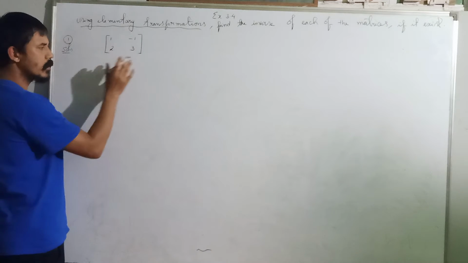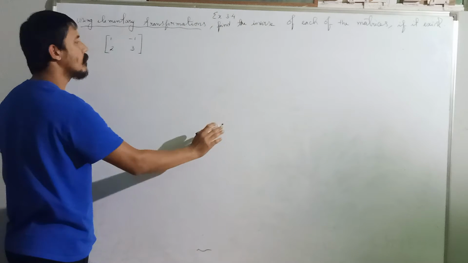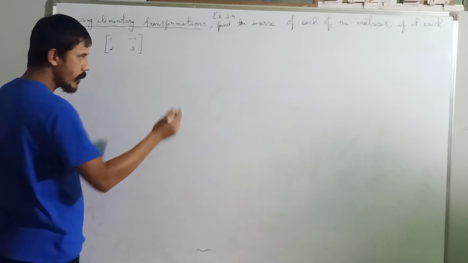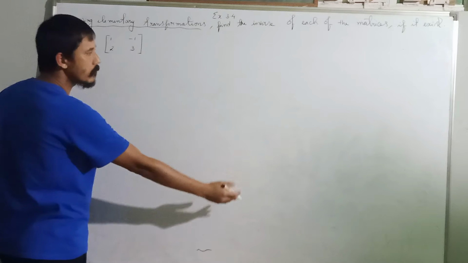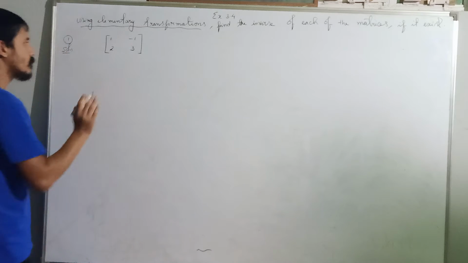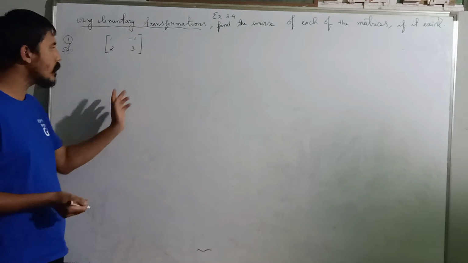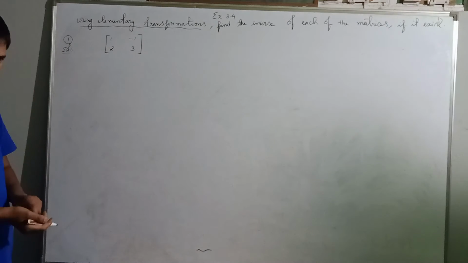If you have started with row operation, then till you find the inverse, you have to keep on with the row transformation. If you have started with the column transformation, then till you find the inverse of the matrix, you have to follow up with the column transformation. So the choice is yours. Elementary transformation means using only row transformations or using only column transformations.